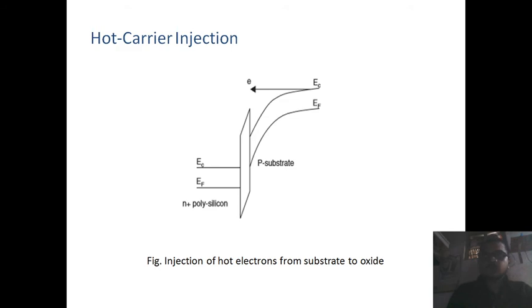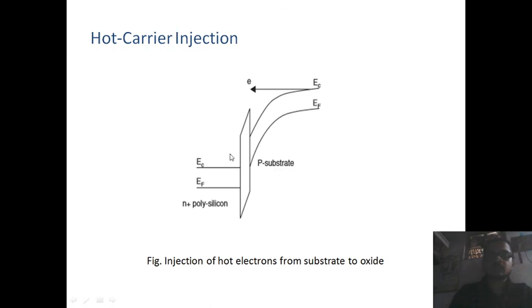There is an interface layer in between the substrate and the oxide. In a short channel device, the width of this interface layer decreases. Due to this decrease, the majority carriers from the P substrate, meaning the electrons, jump to the oxide region.